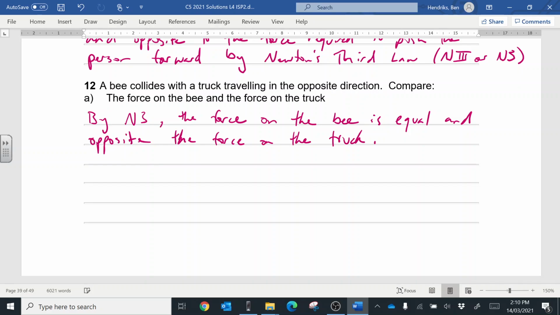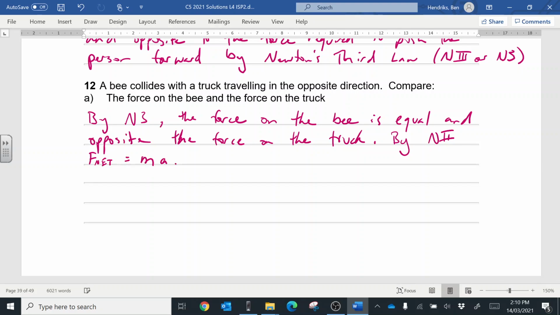So why then does it seem like it's much worse off for the bee compared to the truck? Well, it's because of the masses. By Newton's second law, F net equals ma.